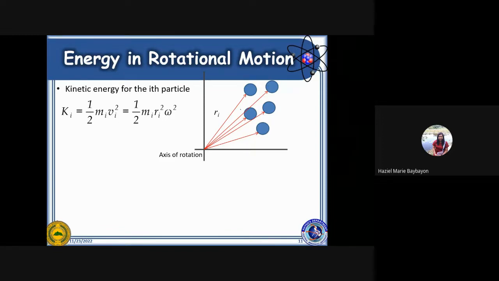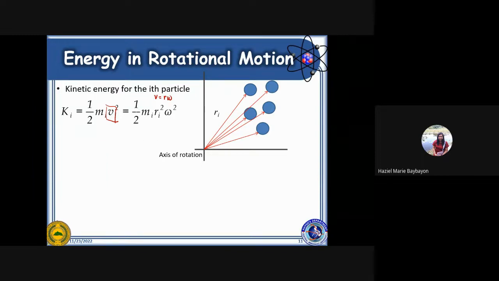So for example, for particle 1, 2, 3, 4, 5, the kinetic energy of particle 1, K1, is equal to 1/2 m1 v1 squared. Okay, now we replace v here. We replace v with r omega. Okay? So v is equal to r omega.